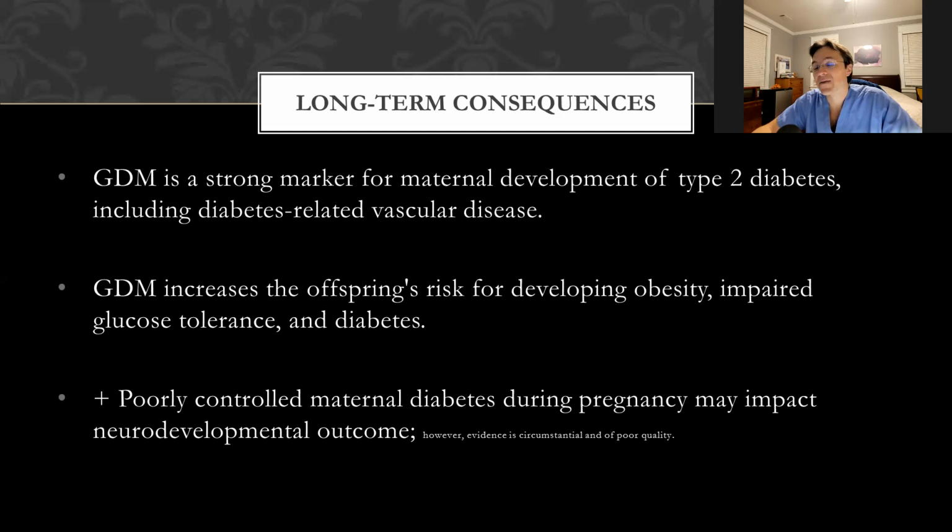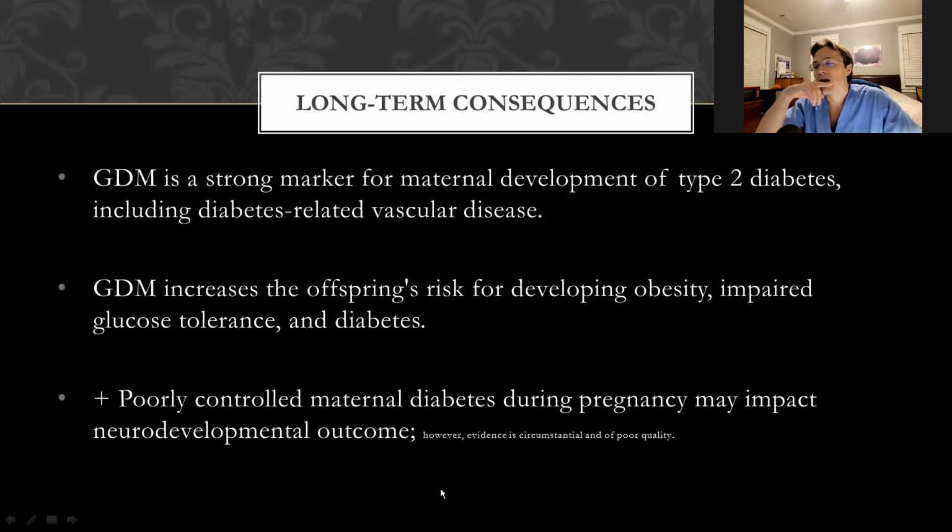And they might have diabetes themselves eventually. And there's interesting information that you might take seriously, that poorly controlled maternal diabetes during pregnancy may impact neurodevelopmental outcome. All right, so you have to think about it and be very serious about such problems as gestational diabetes.